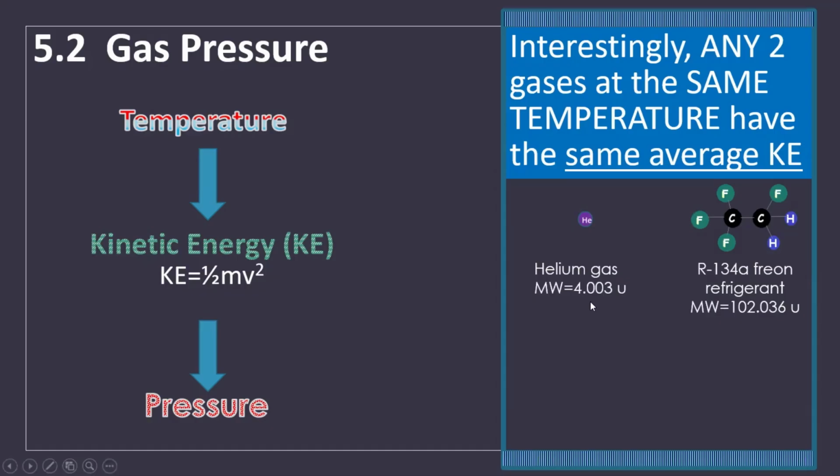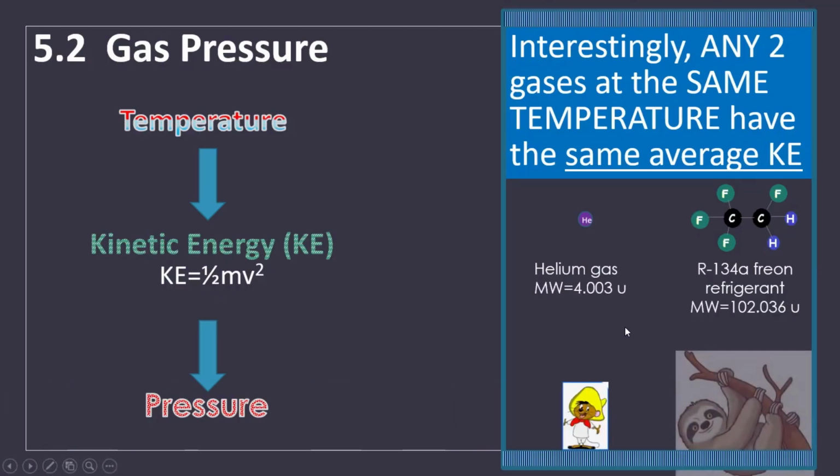So helium, of course, would have a lot less mass than the freon over here. But the helium gas molecules can move a lot faster, so to compensate and have the same kinetic energy.